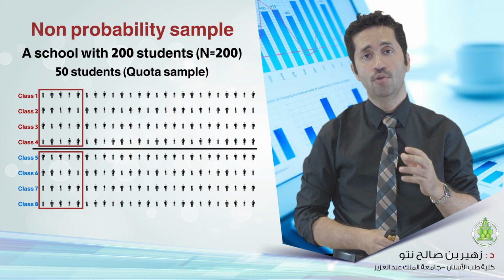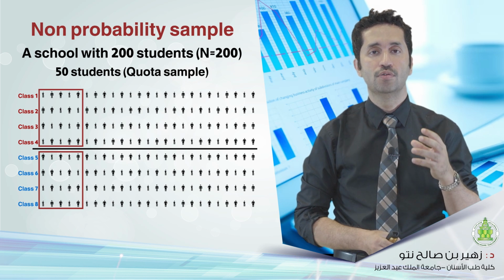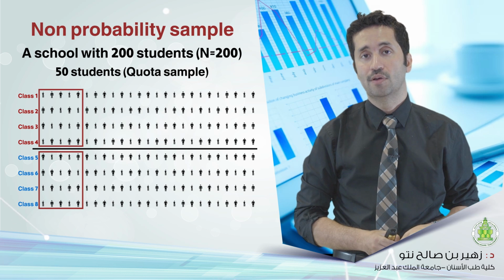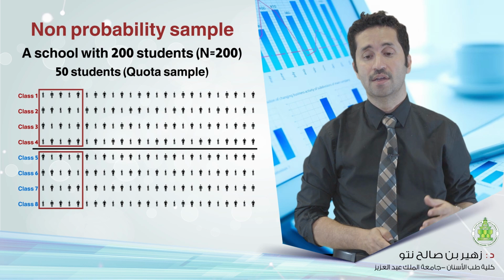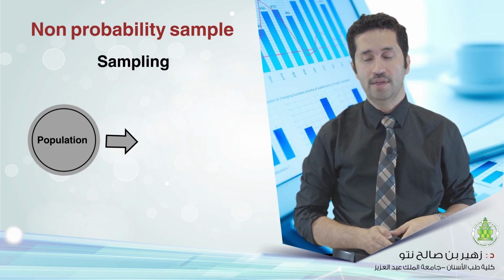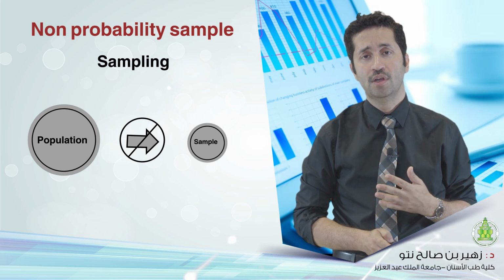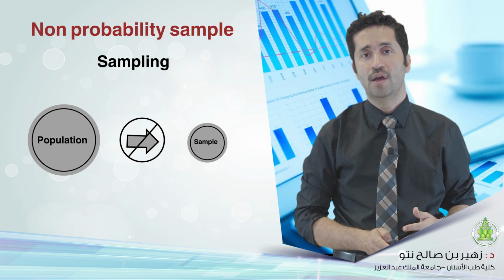So we have an equal percentage, 50-50%, but the students are selected based on their accessibility, not random selection. That's why it creates a non-probability sample. Again, in the three previous examples, the sample we took does not represent the whole school, so it is considered a non-probability sample.